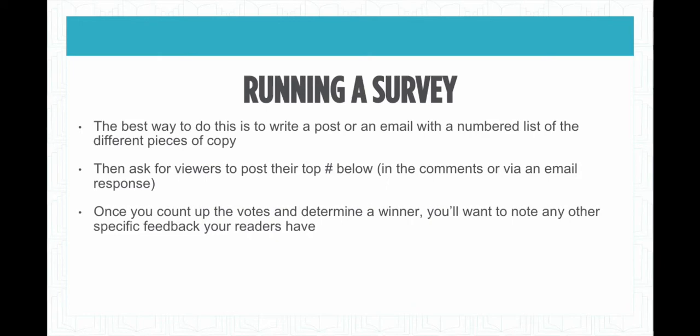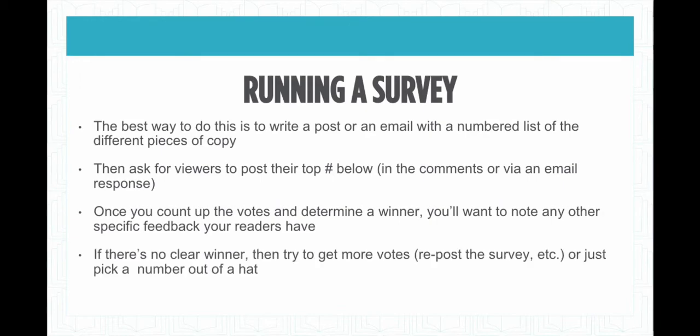Count up the votes, determine a winner. You'll want to know any other specific feedback that your readers have at that time. So you are going to see if people say, I kind of like the beginning of 2, but the end of 3. If enough people chime in like that, you might want to mix and match. If there's no clear winner, like everything gets 2 votes, try to get more votes, repost the survey, or just pick a number out of a hat.